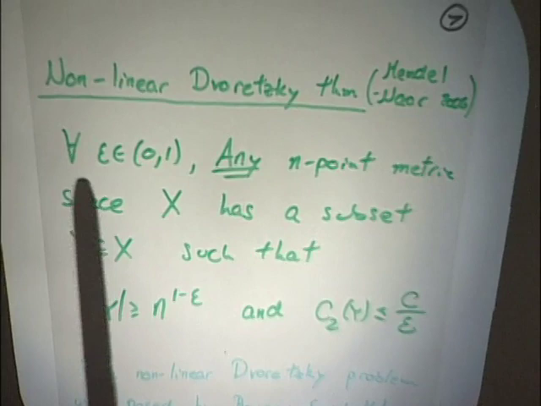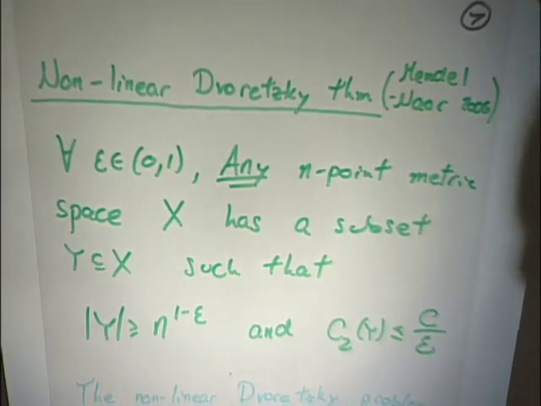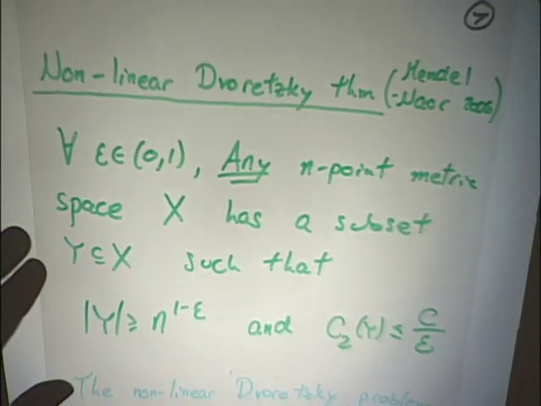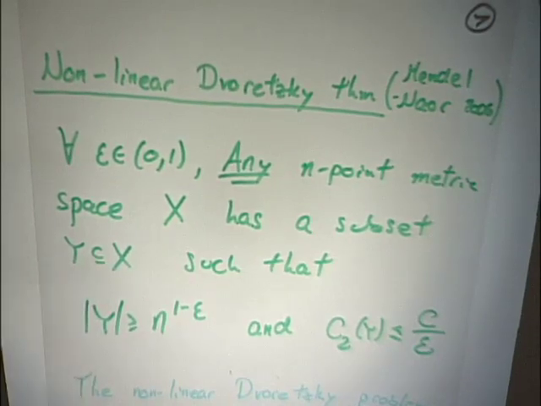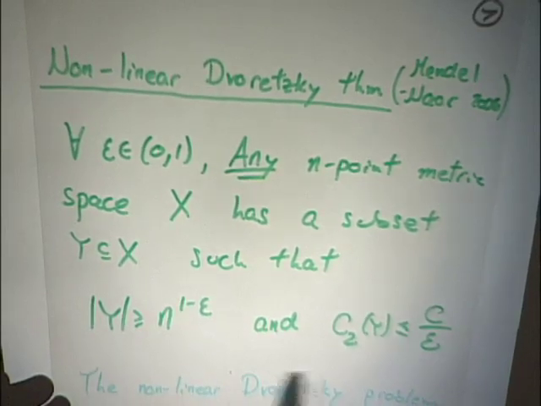Here's the statement: give me a number epsilon, let's say 0.001. Then for any n-point metric space X, you can find a subspace Y. It's big, it has at least n to the 1 minus epsilon points, but its Euclidean distortion is just a function of epsilon, not a function of n.